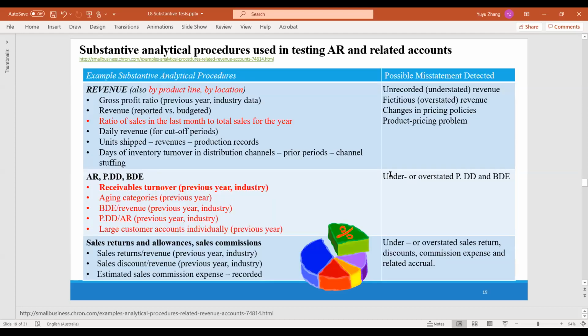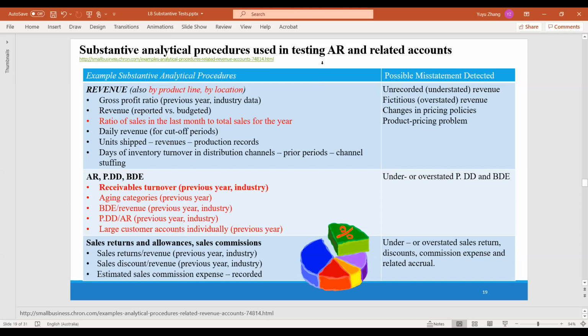First, that will be the analytical procedures. If you click the link, you will be led to a document about how to audit the accounts receivables, and especially how to do the simple analytical procedures for the sales cycle.